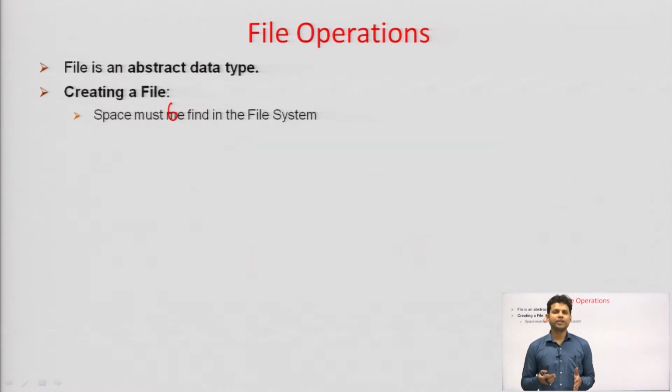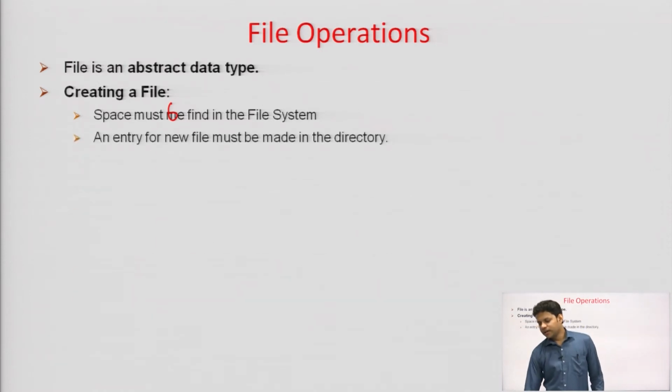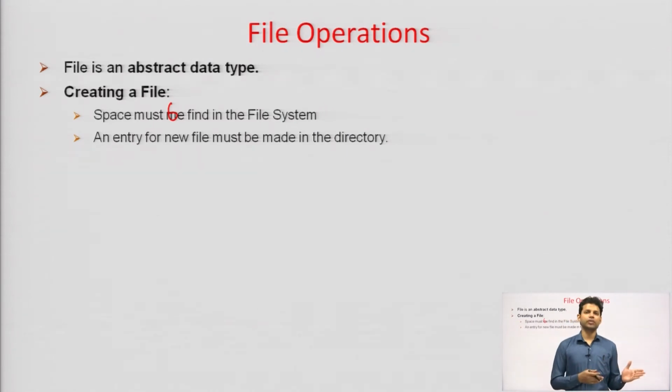If no space is available, you cannot create a file. Okay, and then an entry for the new file must be made in the directory. Whenever you are creating a new file, like if you are using a Unix operating system, first you have to go inside the directory, then look for the space, and then you can create a new file.